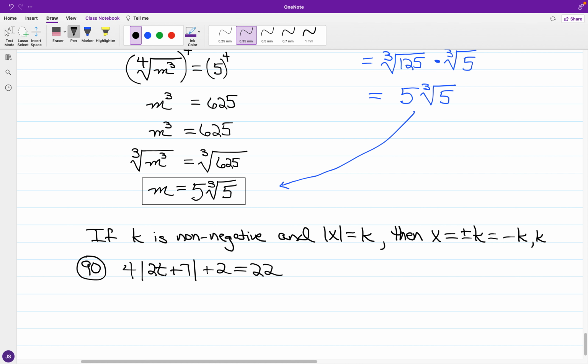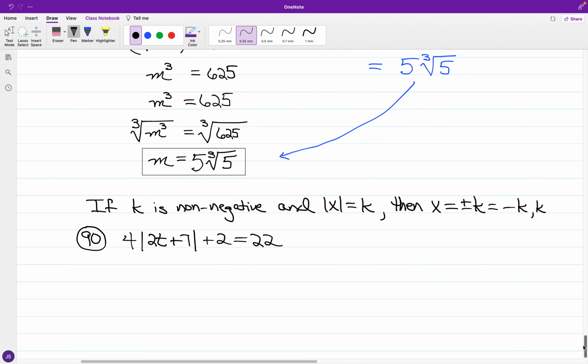And again, we've got the absolute value of 2t plus 7. Do not treat 4 times the absolute value of 2t plus 7 as you would 4 times the binomial 2t plus 7. The absolute value bars and the parentheses are not to be treated as the same.